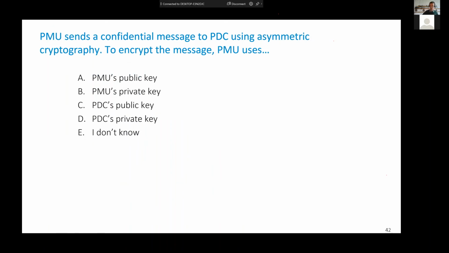So, small question to check your understanding. Here I'm proposing four possible answers to this question. Take a few minutes to find your answer.